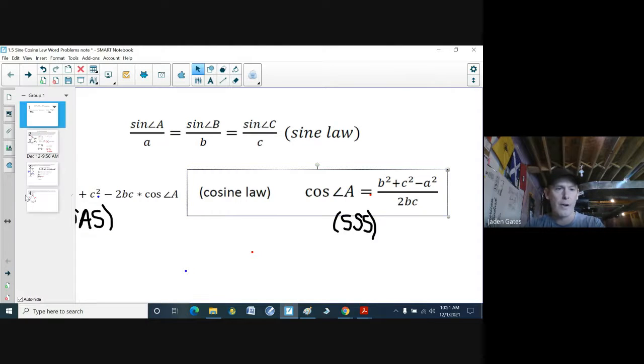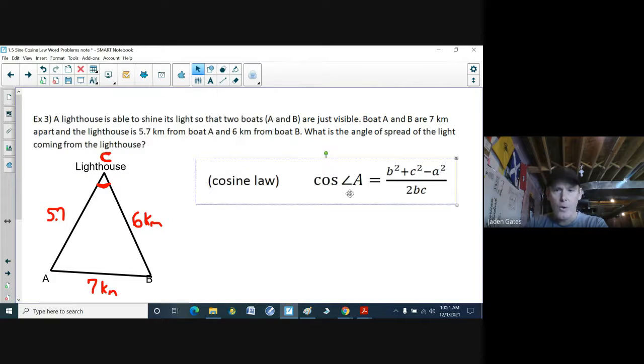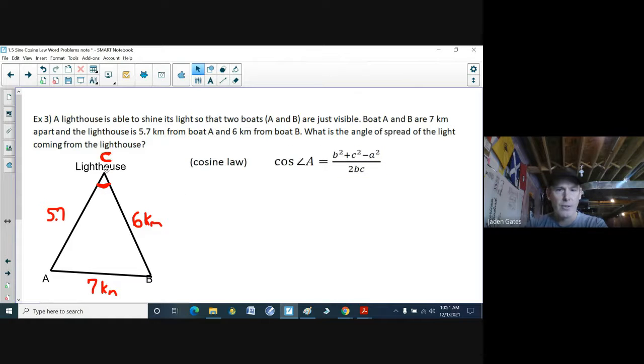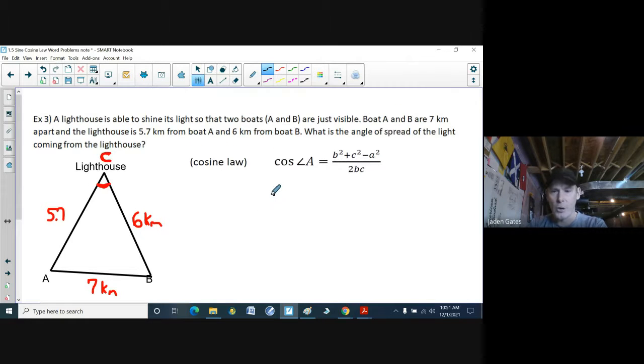So I'm going to grab my formula there. Now I'm looking for angle C here. So I'm going to have to rearrange my formula again. And so this is where I'm going to switch A's and C's because I'm finding angle C. All right, so I have cosine of angle C, because again, I'm switching A's and C's, leaving B's alone.